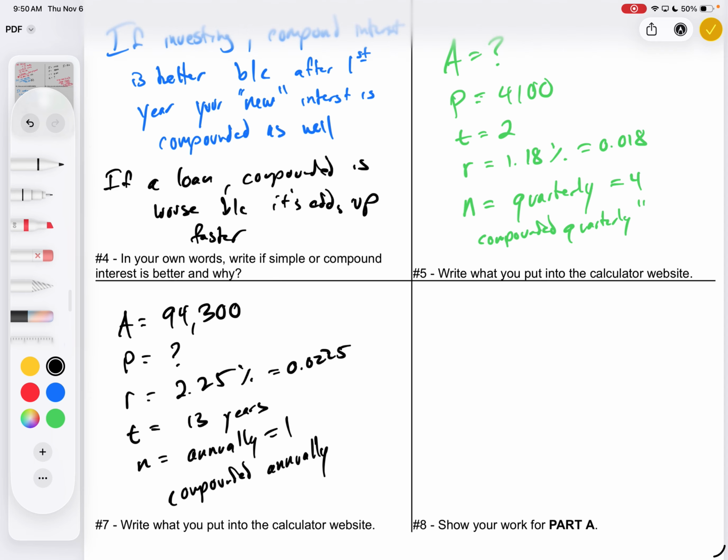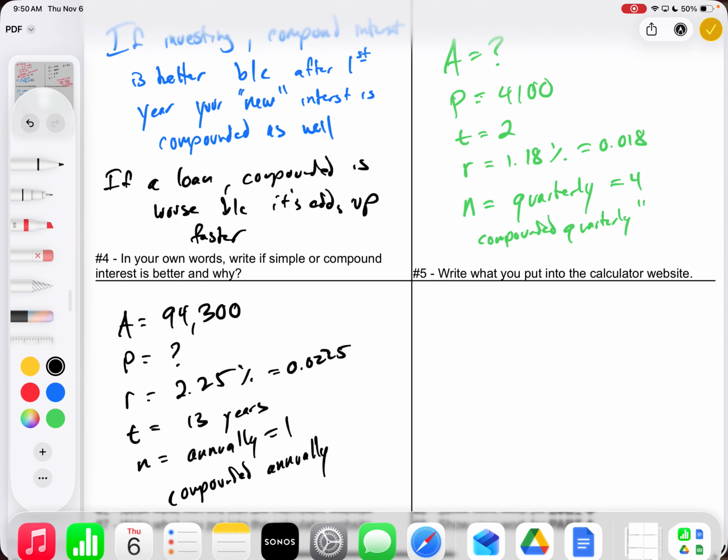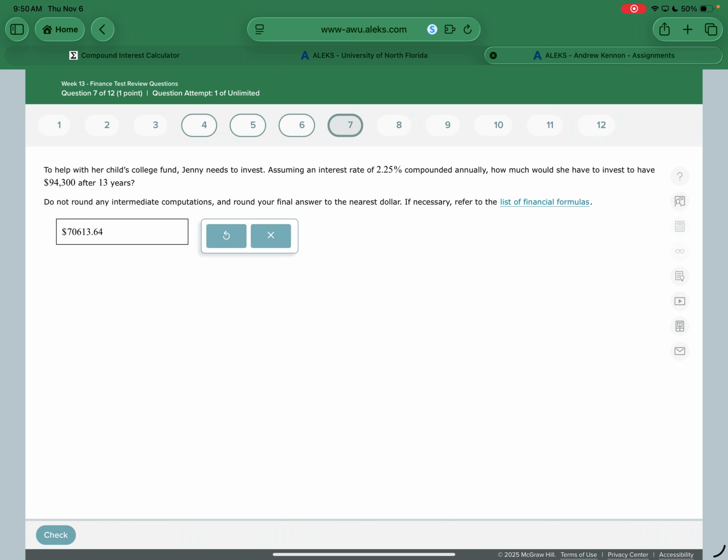All right. Next one's on the test work page as well. I'll come right back to this in just a second. I want to see what the next one was.